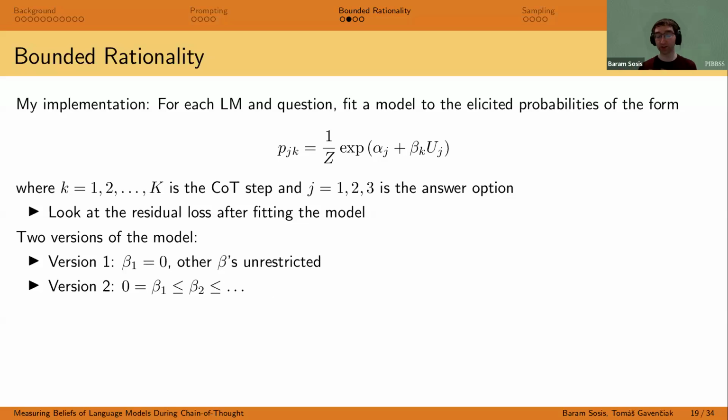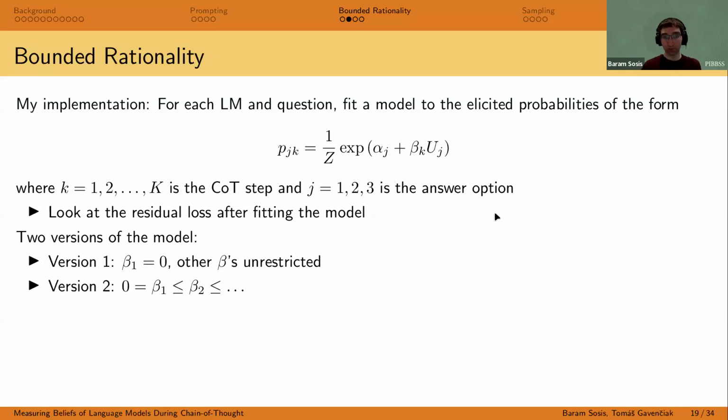The point is that as the chain of thought progresses, as you add parts of the chain of thought, you'd expect the model to do better and better at picking the answer, which corresponds to increasing beta and more strongly optimizing some utility function over just going by the prior. At least that's the idea.